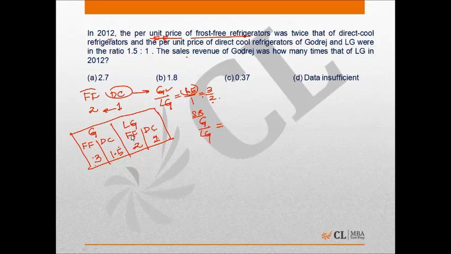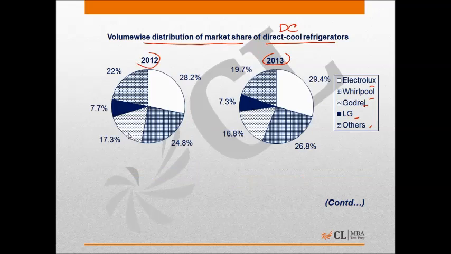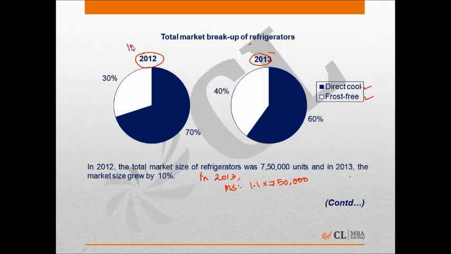Let's talk about Godrej under direct cool. Now we do not know the total value, right? So let's assume the total number of units in 2012, there were 100 units in all, out of which 30 are frost-free and 70 are direct cool.